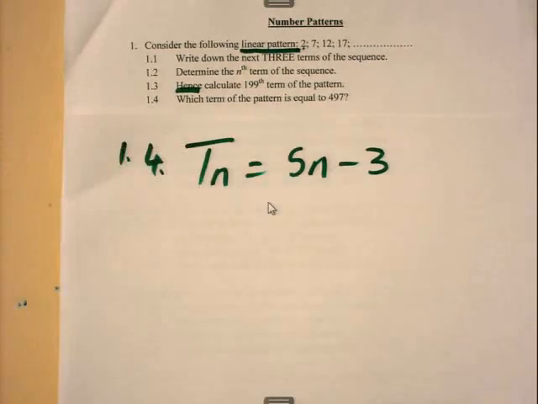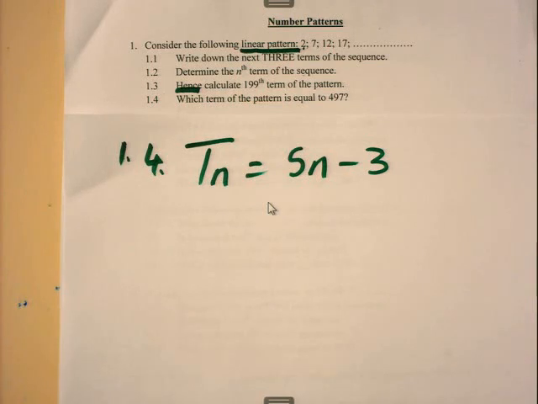That is our nth term. So the question is, which term is equal to 497? Remember what I said earlier: n indicates the position of a term in a sequence. Check 1.3. The position of that term is 199. That's why we substituted n by 199.